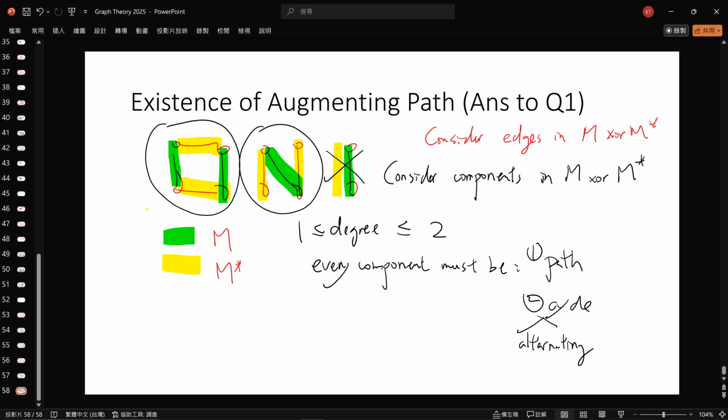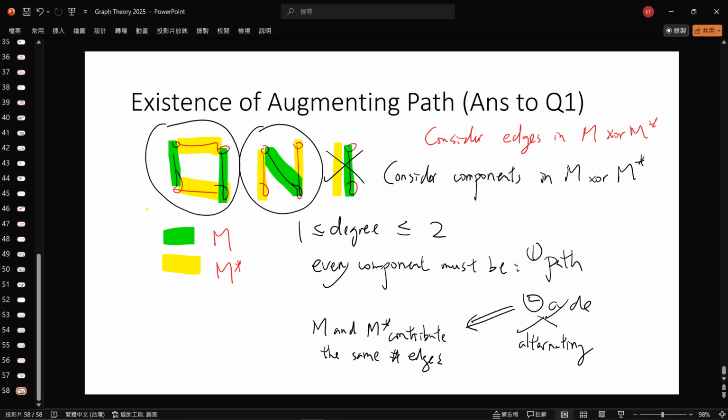In other words, these two matchings, they contribute the same number of edges in the cycle, okay? So that's when the component is a cycle, okay?